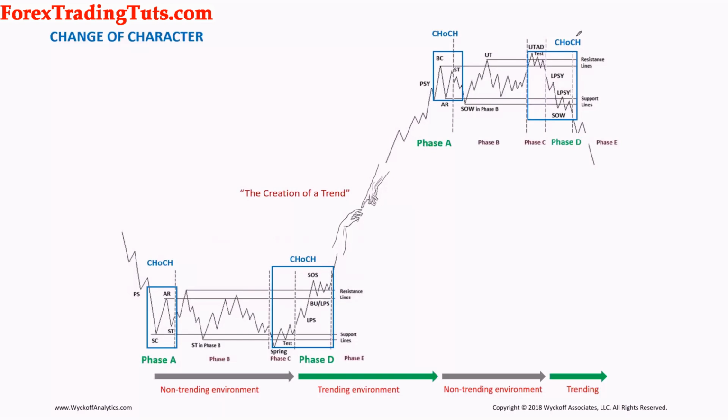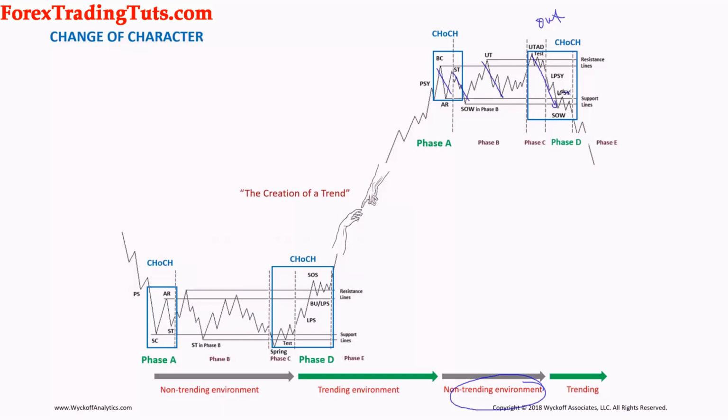Change of character in the distribution on the way out is going to have the same characteristics as an accumulation, only reversed. We're going to have the reaction that is going to be the best reaction in the current environment, which is a non-trending environment.